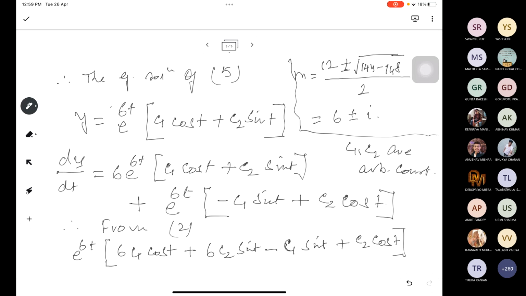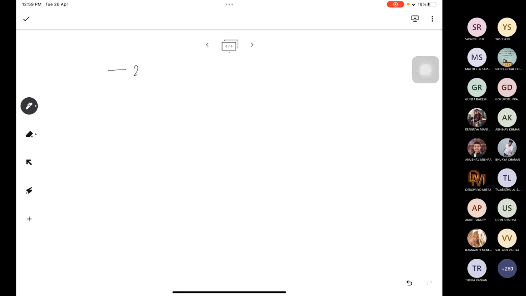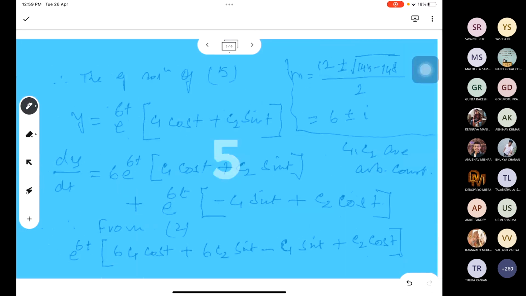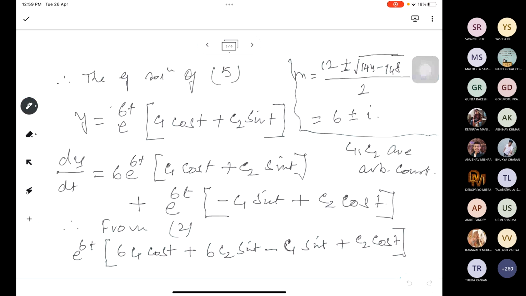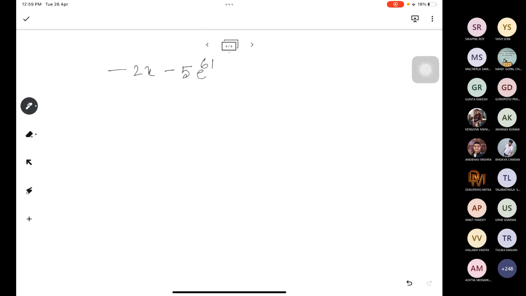From equation 2: dy by dt minus 2x minus 5y equals 0, where y is this.